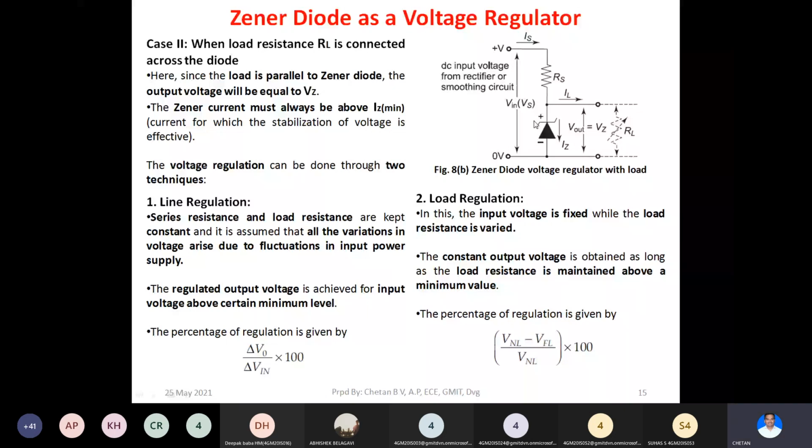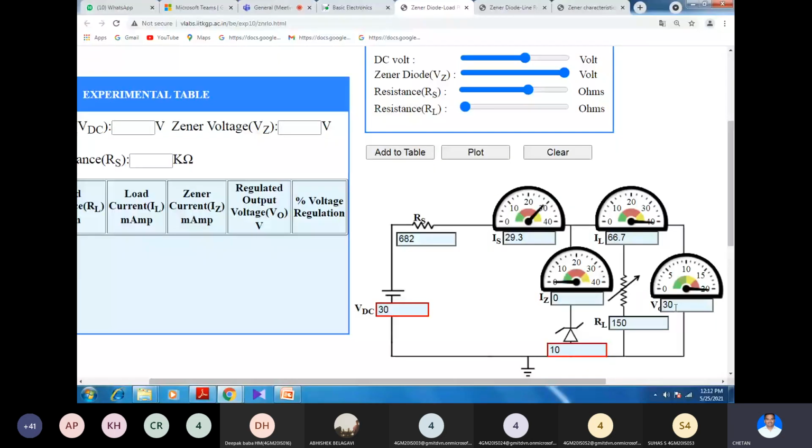Right? So here you can see VZ is 10, but the output voltage that you are getting is 30. Why did you get 30? The input voltage you have applied is 30, so the same value is being applied here. Why? Because the current IZ is 0. The diode is not conducting.